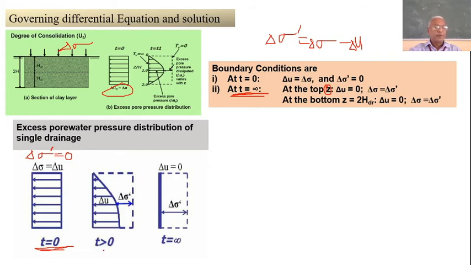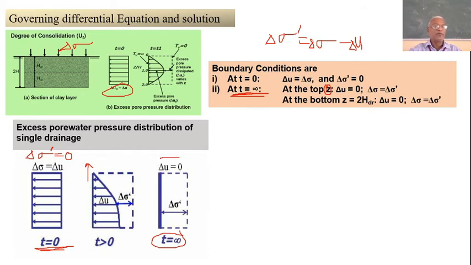Now when t is slightly more than 0, instantly the pore water pressure at the top where the drainage is allowed is reduced to 0, and inside it will be increasing, right? Maybe at the bottom also it has decreased to some extent. Now if you allow the time to pass sufficiently, then all that pore water pressure will be reduced to 0.